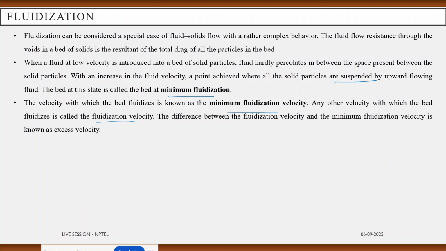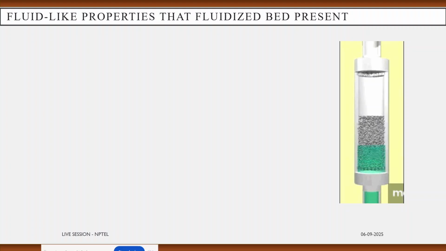It is obviously a case of fluid-solid flow, where the fluid flows through the bed of solid particles, which provide resistance, and as a result there will be total drag due to the particles present in the bed. So when we talk about fluidization, at the point of fluidization we can observe fluid-like properties of the bed particles.